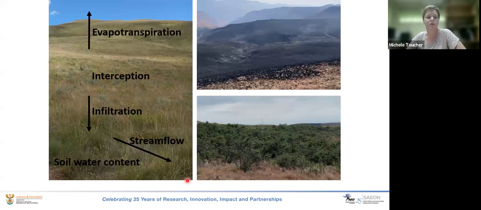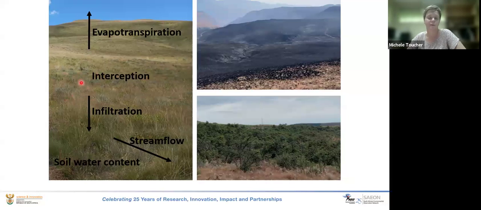Some of you might not be from a hydrology background. So if we just look at that, you've got rainfall that comes in. Once it hits the ground surface, it's either intercepted by the vegetation or it makes its way down to the soil surface where it infiltrates. From there, it can either move upwards through the plants as transpiration, or be lost from the soil as soil water evaporation.